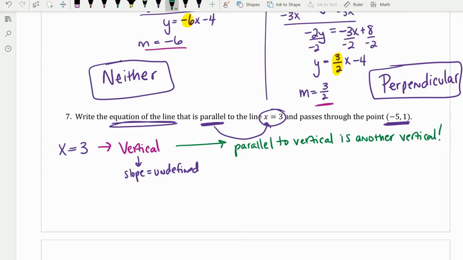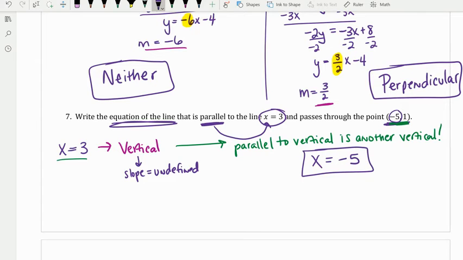Okay, so I want a new vertical line, but now I want it to pass through that point, -5, 1. Well, over here, that vertical line is x equals 3. So if I want a new vertical line, it's still x equals, but this time it's got to be x equals the x value in that point. So it's x equals -5. That's our new parallel vertical line.